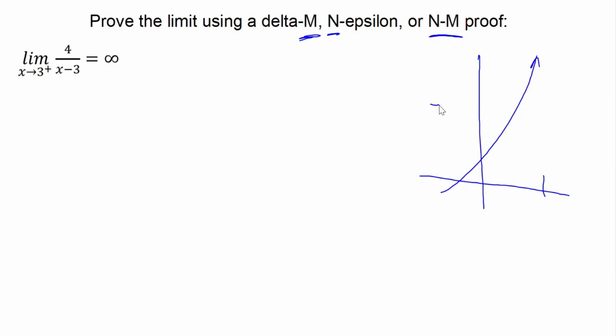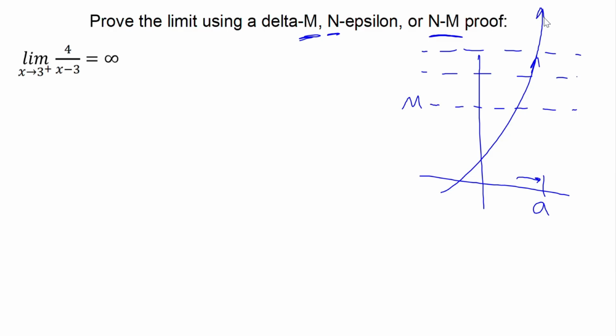For any M you choose, no matter how big that M might be, we need to prove that as we approach this number a, our function always goes above M. Even if I make M up here, our function should still go above it, and if I make M up here, my function should still go above it as I approach a.